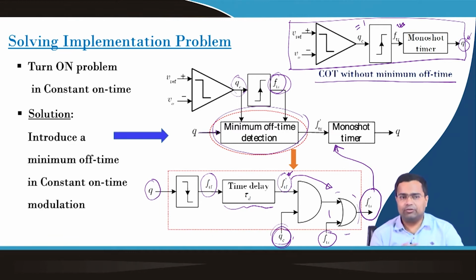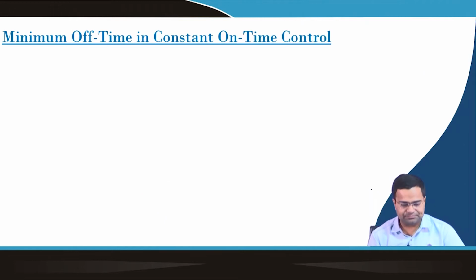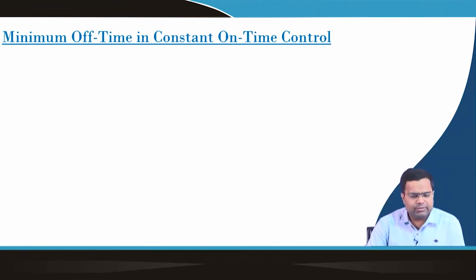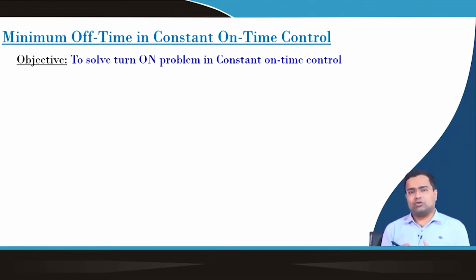In fact, in a subsequent lecture I will demonstrate this using MATLAB simulation. So, we can solve the problem of minimum off time in constant on time control. Now, to summarize the algorithm for minimum off time in constant on time control: first we need to solve the turn on problem in constant on time control.